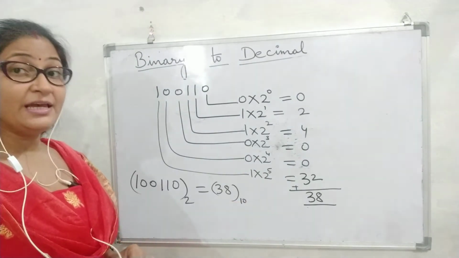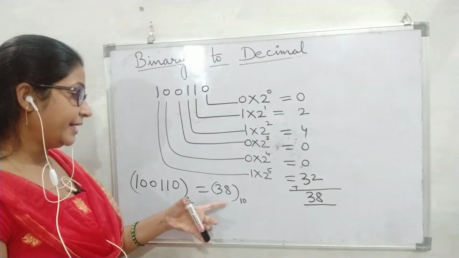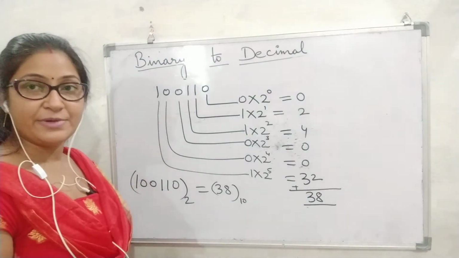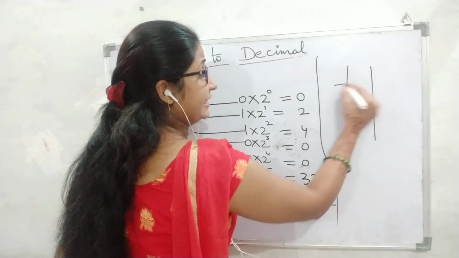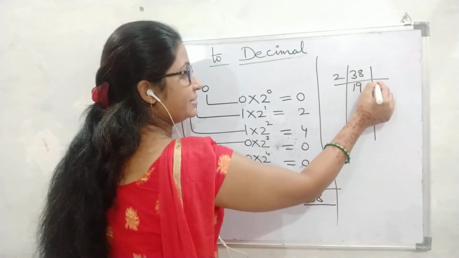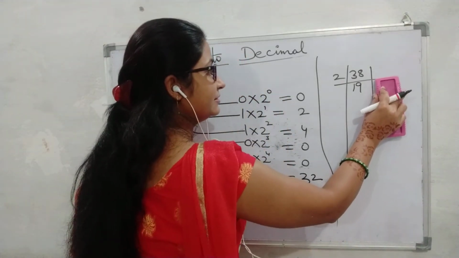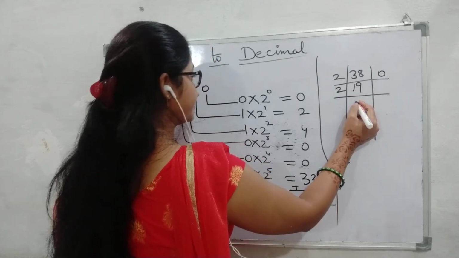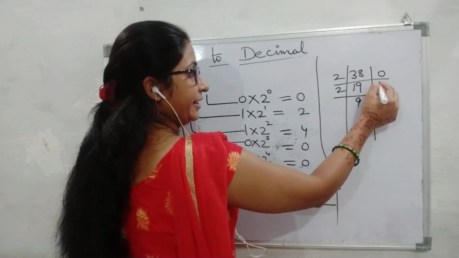Okay. If you are not sure whether the calculation is right or not, then what you can do? You can convert 38 back to binary and check whether you get the same digits. I can show you. Let's have a look here. If I take this 38 to cross check, so dividing by 2 gives 19, remainder 0. Let me write the remainder here. Then by 2, you will get 9 times, remainder 1.